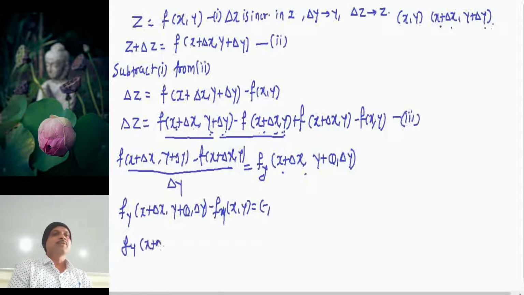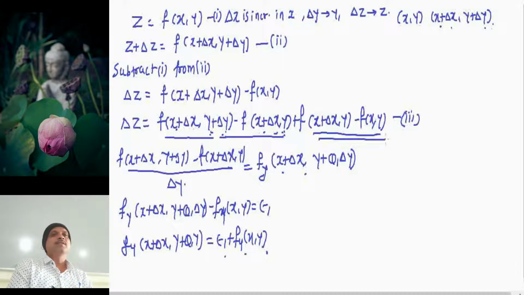That means fy of x plus delta x comma y plus theta 1 delta y equal to epsilon 1 plus fy of x comma y. Then this first term will be transformed into delta y into epsilon 1 plus fy of x comma y.